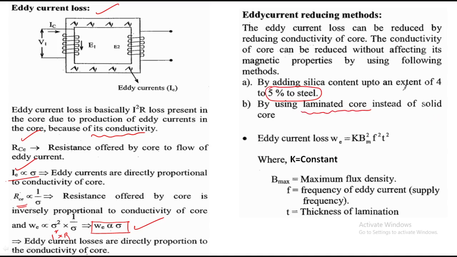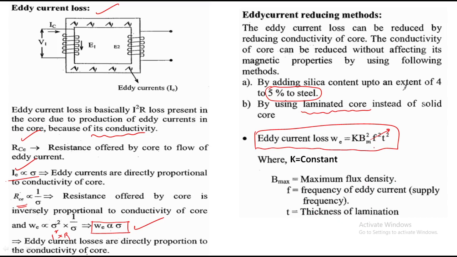And for these eddy current losses, this is the empirical formula to calculate the value of eddy current loss for different values of frequencies and voltages. Where K is a constant, Bm is the maximum magnetic flux density, F is frequency, and T is the thickness of the laminations.